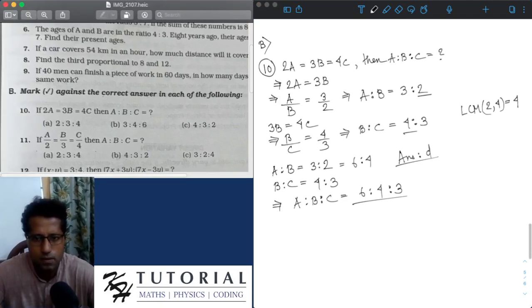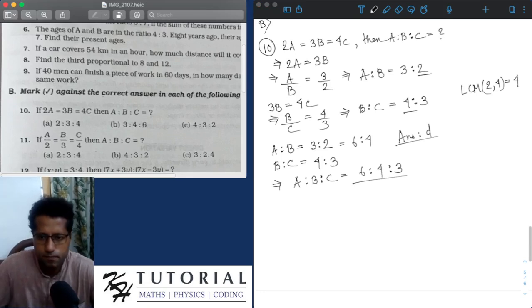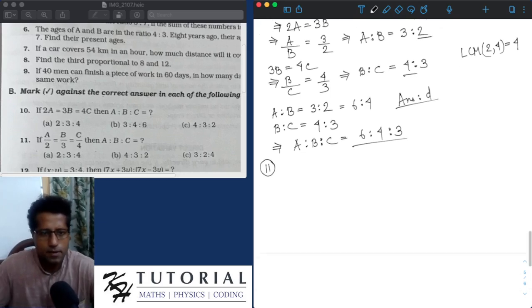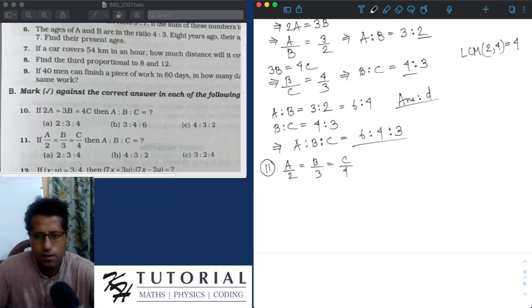Question number 11. If it is given that a by 2 equals b by 3 equals c by 4, then it has asked what is a is to b is to c.